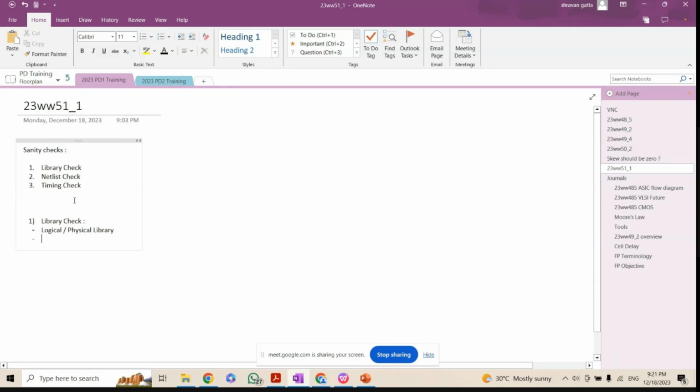In the floor plan, module placement will happen, and also macro placement. This is a very big topic, and we will cover it later. Power planning is where we are given a power template, what type of power your block should get.